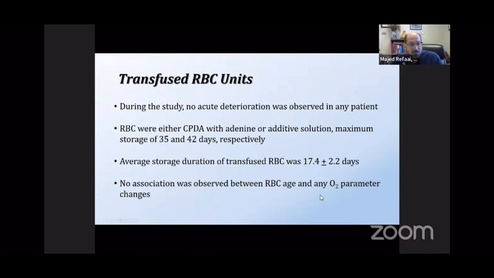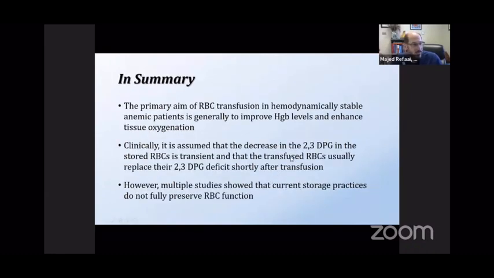No association was observed between the age of the red blood cells and the oxygen parameters. And this is, again, only because the numbers are not significant. According to our statisticians, we need at least 500 to 600 patients in order to check on the red blood cell age. And we did not have this in our patients.